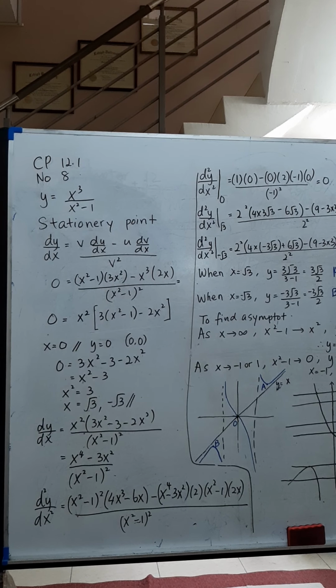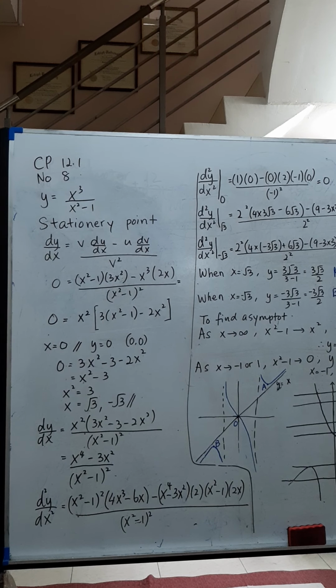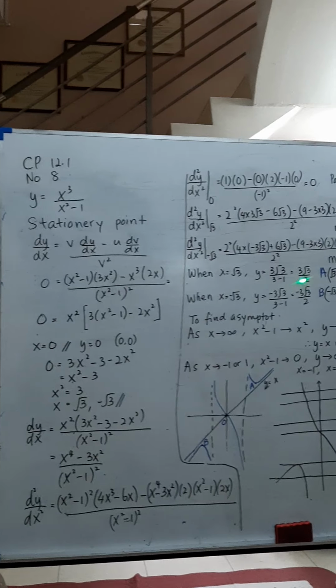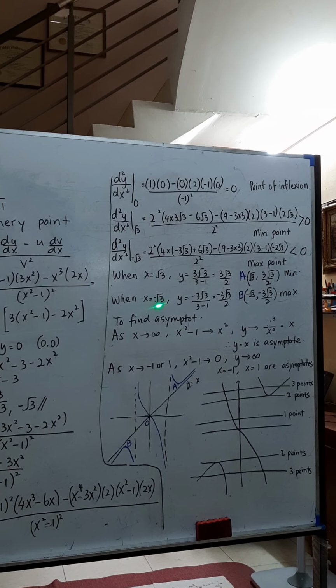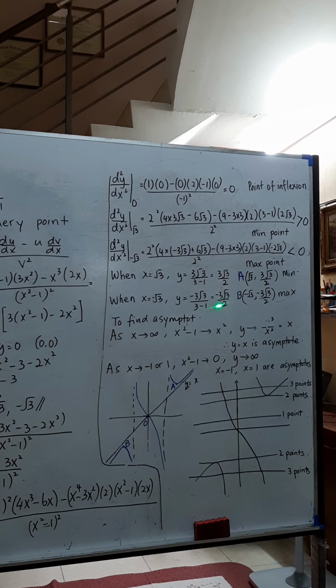Of course, you need y for that. I do it here. When x equals square root of 3, your y is 3 times square root of 3 divided by 2. When x is negative square root of 3, your y is negative 3 square root of 3 divided by 2. So that's your two other points.